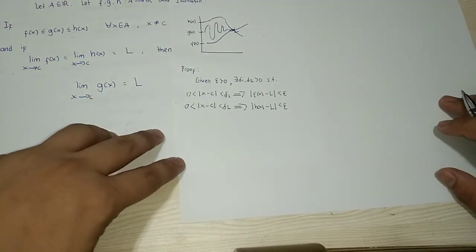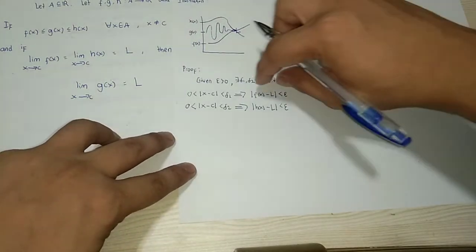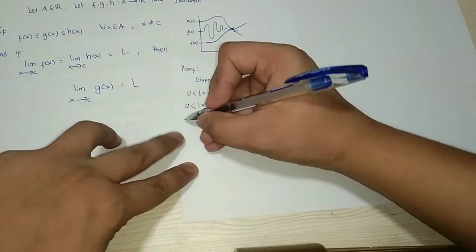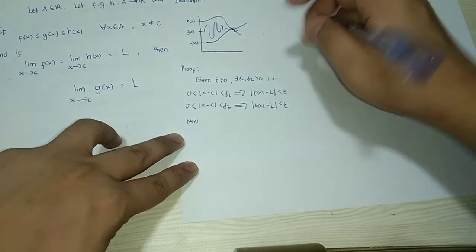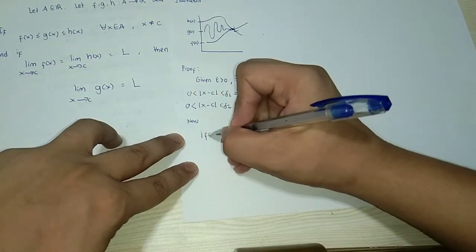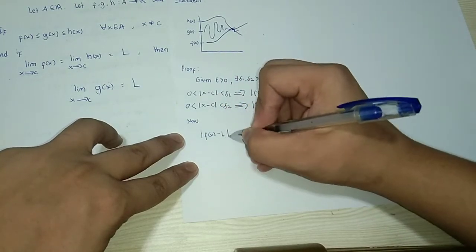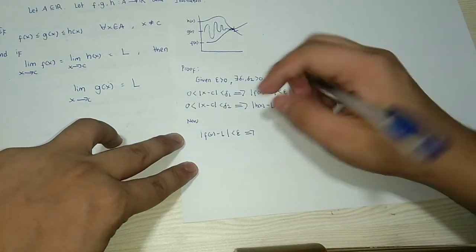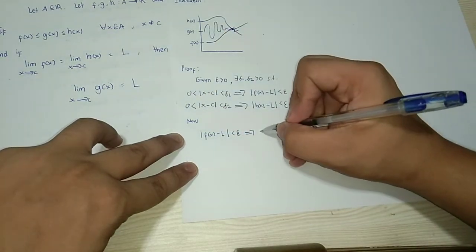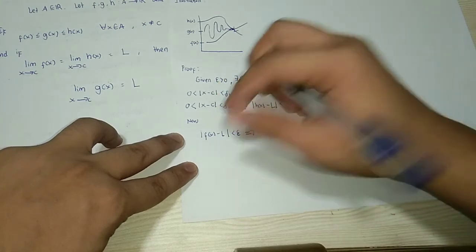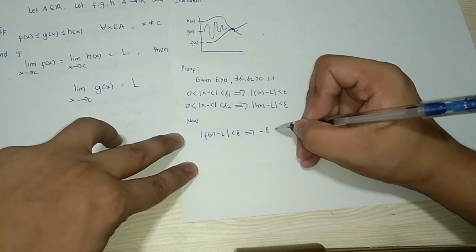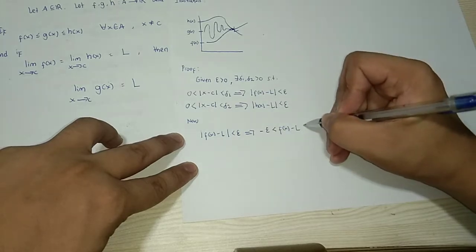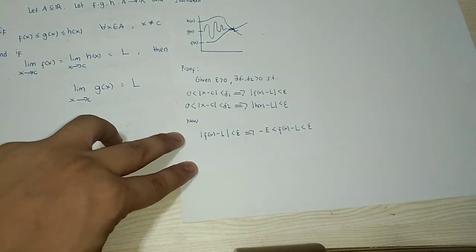Then, next, so yung absolute value na yan, by property of absolute value. Okay? So itong absolute value of f of x minus L less than epsilon, ang ibig sabihin yan, by property, this implies negative epsilon less than f of x minus L less than epsilon.